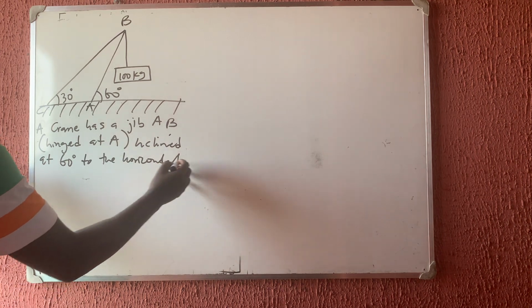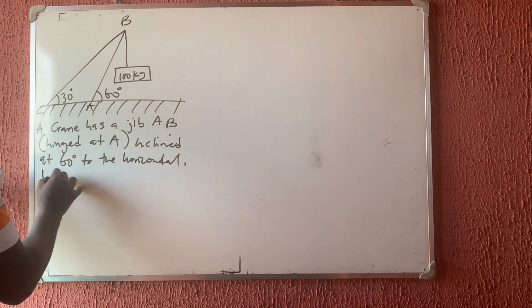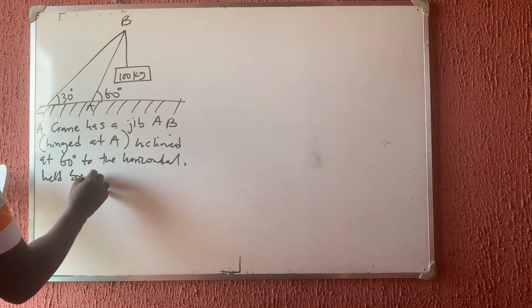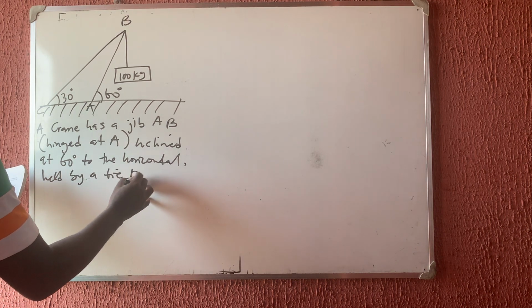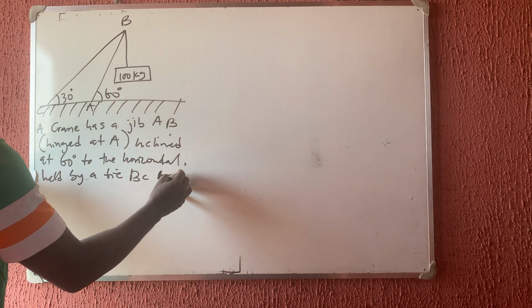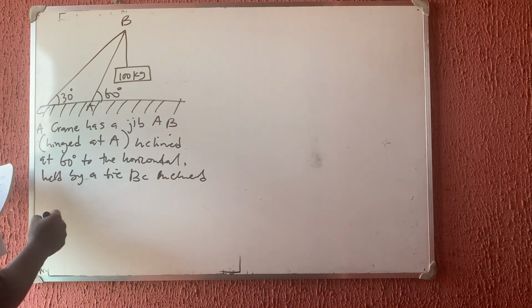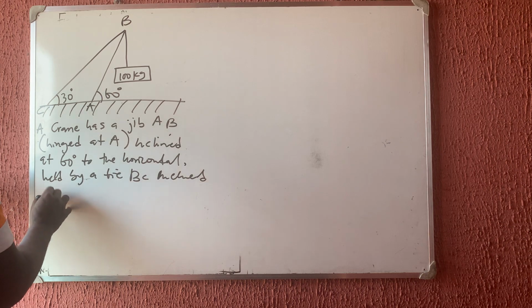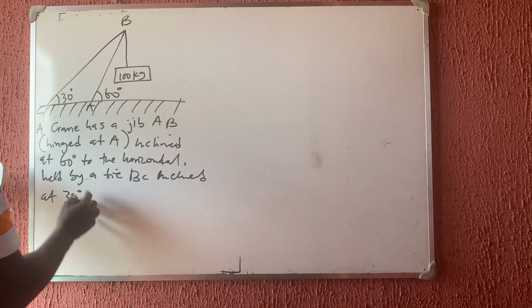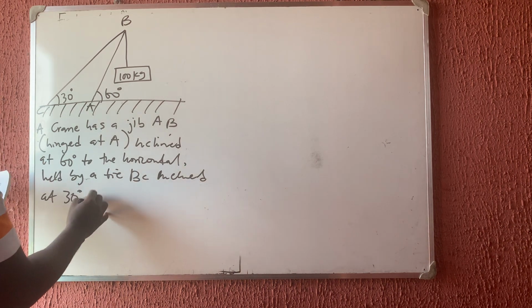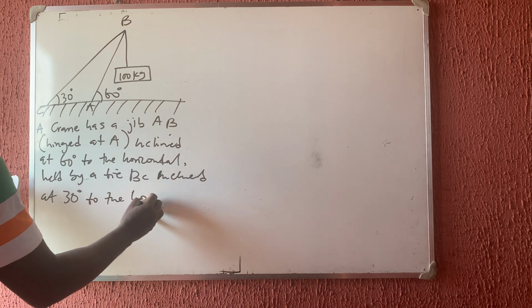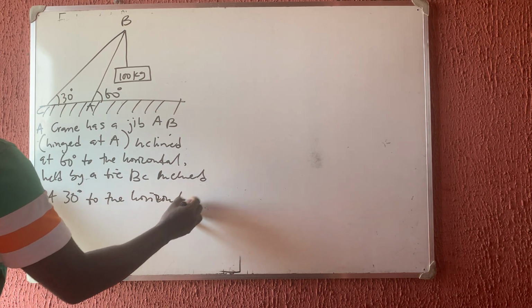Okay, to the horizontal, held by a tie BC inclined at 30 degrees to the horizontal.